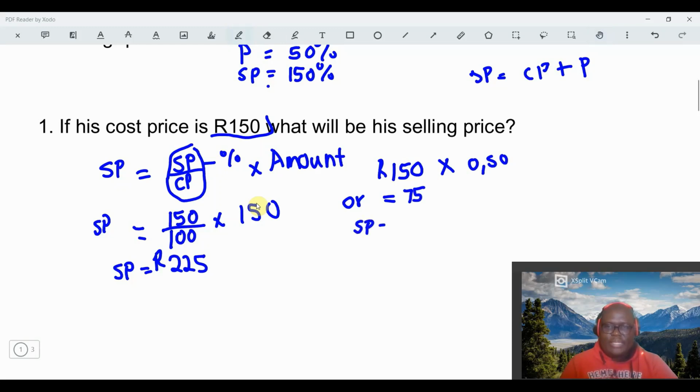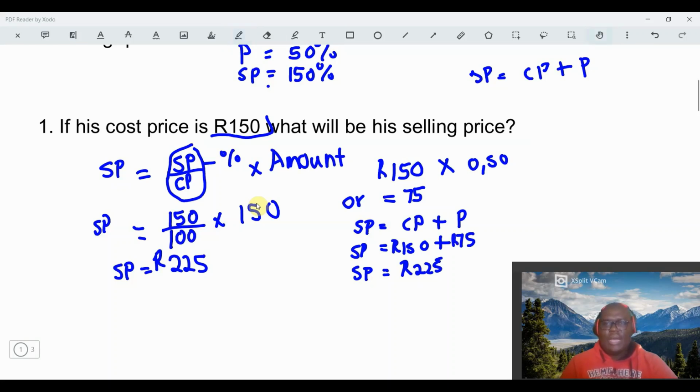Remember, selling price is equal to cost price plus profit, right? So selling price will be your cost price, it's 150, plus 75 rand of the profit. So your selling price will be 150 plus 75. So all the answers are the same. You got 225. You can put the R sign here also.